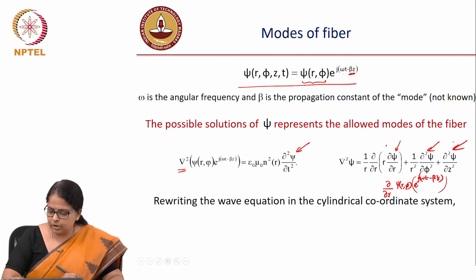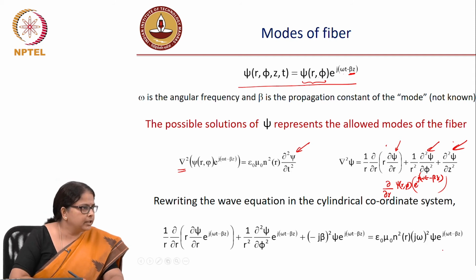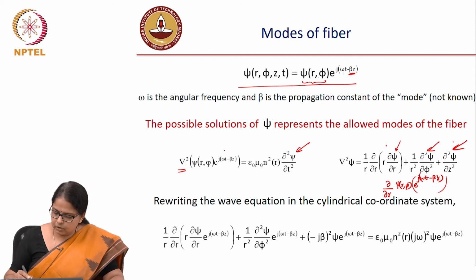So I have just rewritten the wave equation: 1 by r del psi by del r times e power j omega t minus beta z. In the second term, it is del square psi by del phi square. The third term is del square psi by del z square.